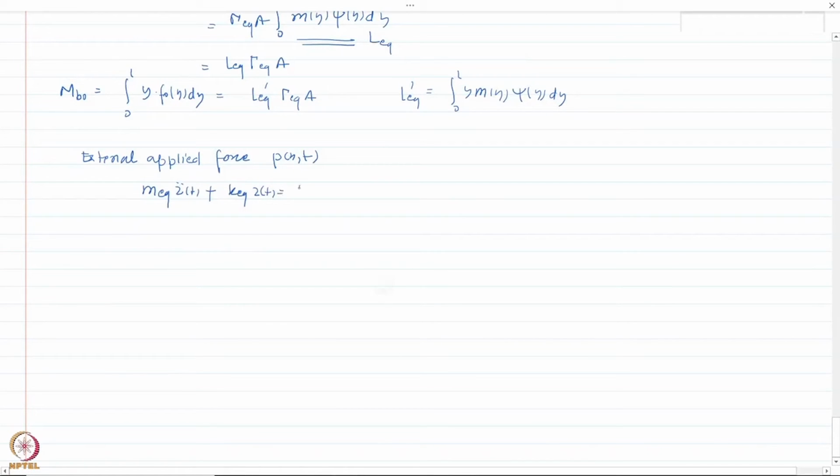Only thing is that I would have a P equivalent(t) term, which is nothing but in this case the integral of p(x,t) times phi(x) times dx over the whole length. And that you can just find out.